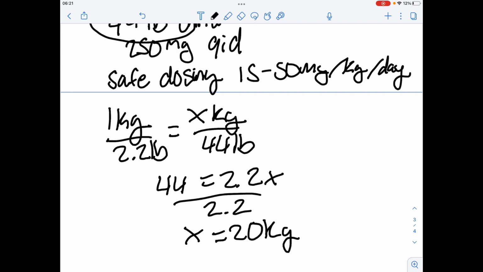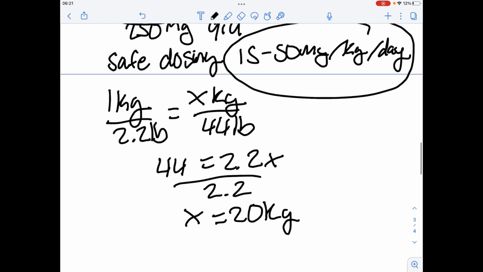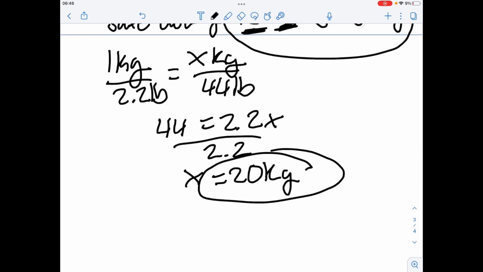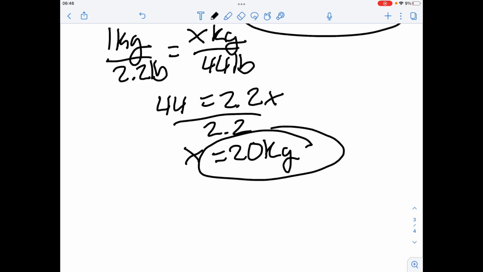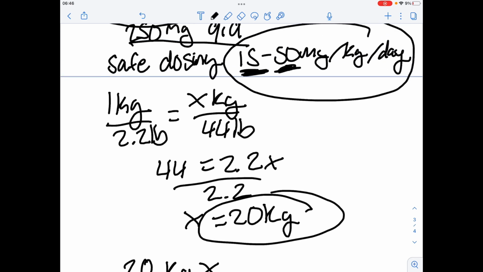So now we know that the patient weighs 20 kg. Since we have this range, 15 to 50 milligrams per kilogram per day, and we know the patient weighs 20 kilograms, now we need to take that kilogram, so 20 kg times, and I'm getting these numbers right here.